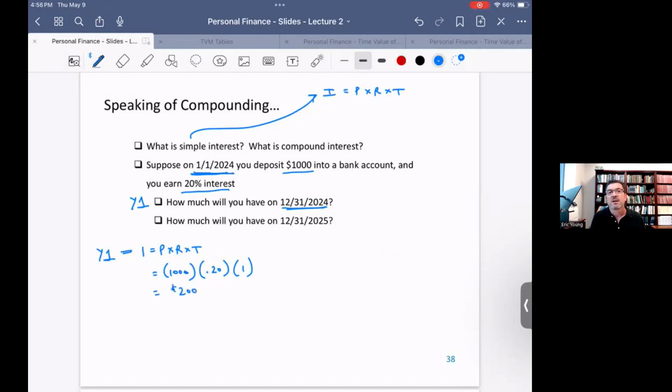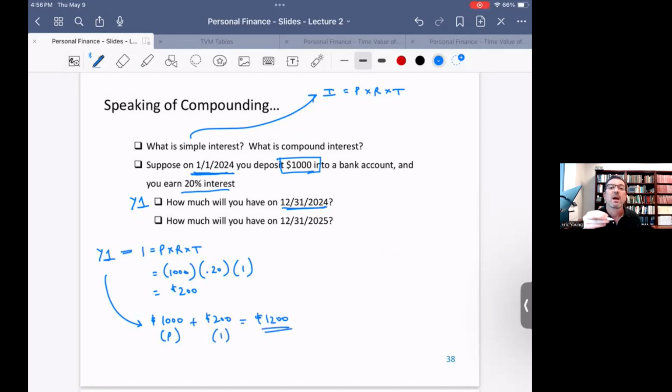Now notice that you started with 1,000 and you earn 200 in interest. So at the end of year one, you're going to have the $1,000, that's the principal that you started with, plus the $200, that's the interest that you earned. So you're going to have $1,200.